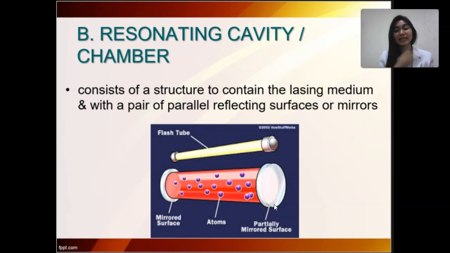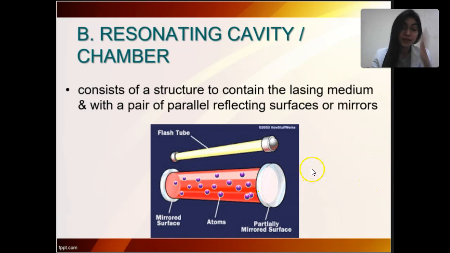Of course, we need to let that light out so that we have laser coming out, or else they will just stay inside. So this one is a partially mirrored surface, while the other one is a pure mirror, so it is the one that really reflects, so that the direction of the light would be unidirectional, which is going here.